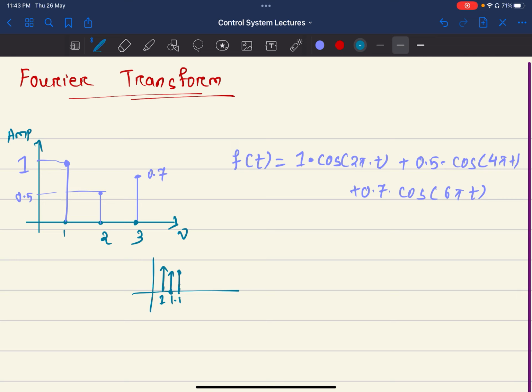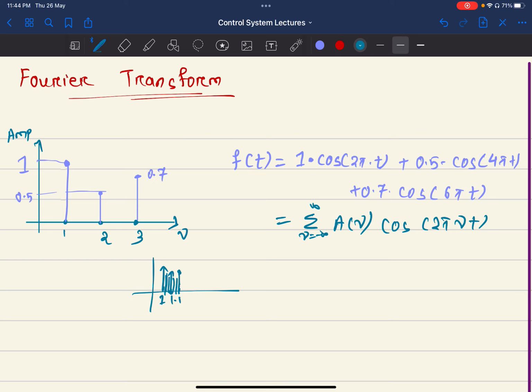Suppose this gap is getting less and less, ultimately this becomes a continuous time signal. It used to be the summation over nu equal to minus infinity to infinity of A of nu cos of 2 pi nu t. Okay, this used to be our signal.